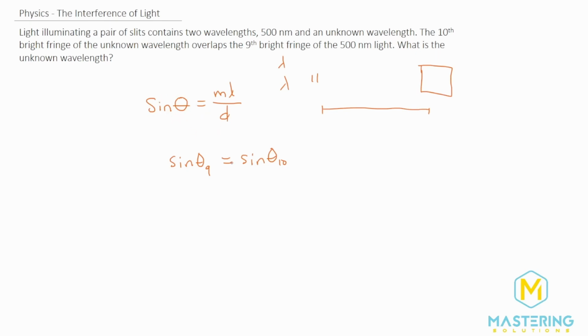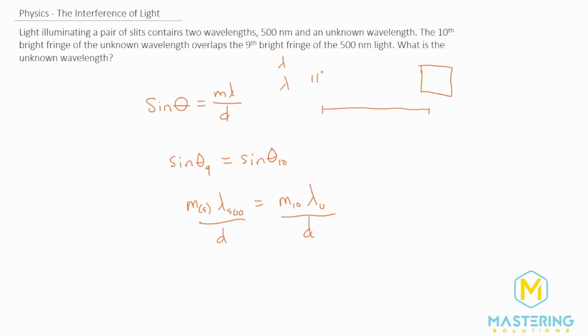So we know that sine of 9 is equal to sine of 10, and sine of the angle is equal to m lambda over d. So m of 9 times lambda, which is 500 nanometers, over d is equal to m of 10 times lambda, which we don't know, that's u for unknown, divided by d.